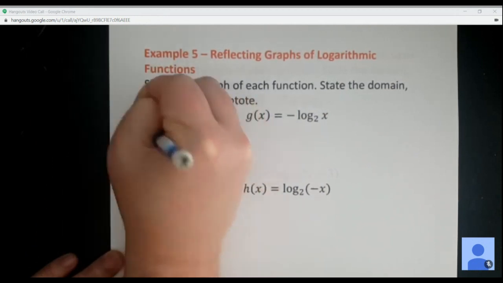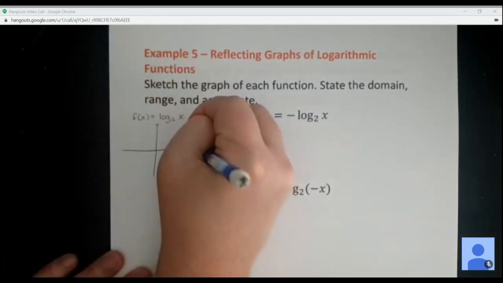And so what are some of the key things that we've noticed about that graph when we looked at it yesterday?